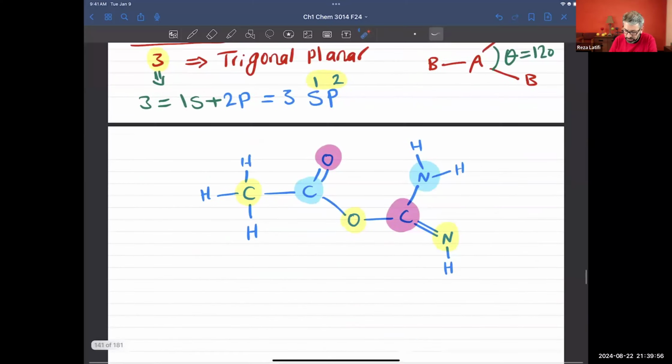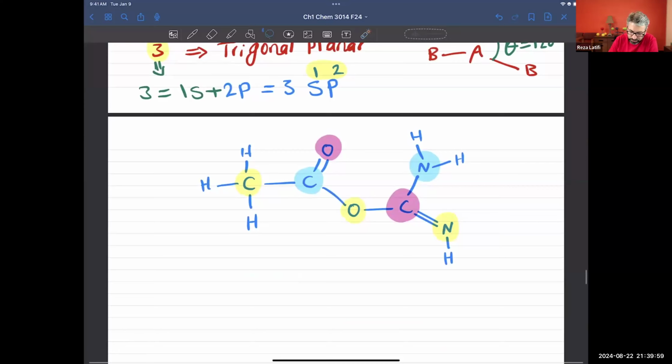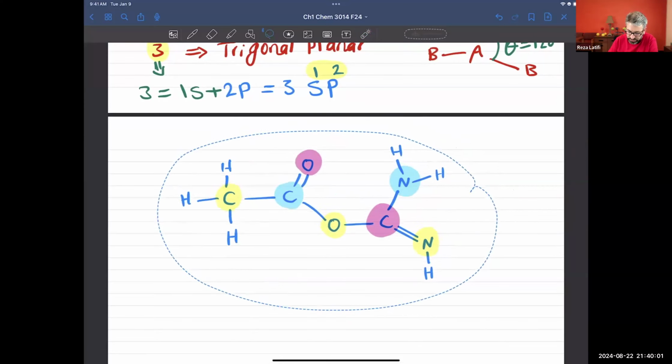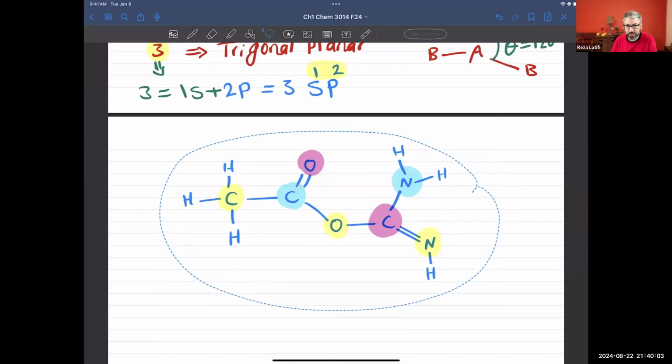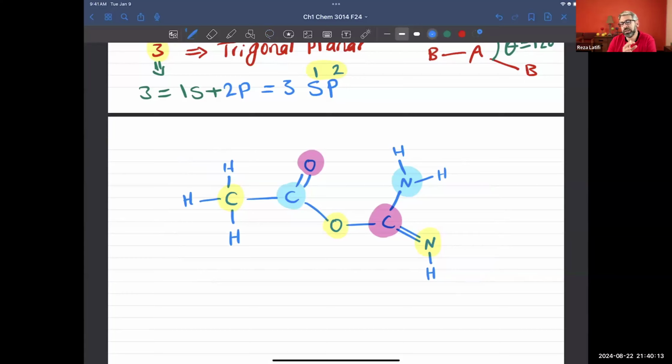Okay, let's zoom in on oxygen. This time we have 2 oxygens. The first one, the pink one, is kind of tricky. Why tricky? You need to ask yourself whether oxygen has an octet or not. Clearly it's not. How do I know?